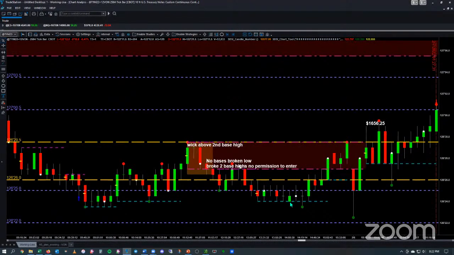Right. So then we hit our trail stop. So with the contracts we have open, the total profit is 1656.25 on this portion of the swing trade. So not too bad. Not shabby at all. Right. So how much time? This was 8.